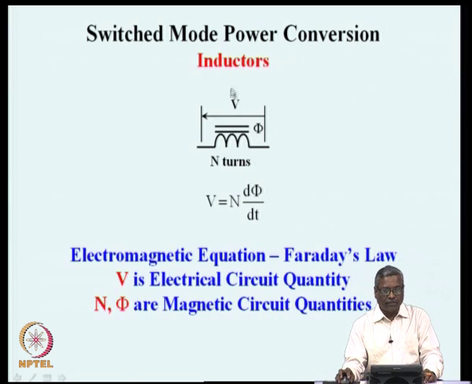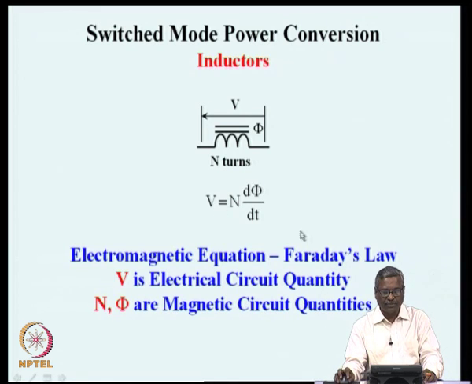There is also another way of looking at an inductor, which is through the magnetic part of the inductor. The inductor has a magnetic circuit with a certain number of turns organized around it, and it is possible to relate the voltage across the inductor through the magnetic quantities, namely the number of turns and the flux in the magnetic circuit.